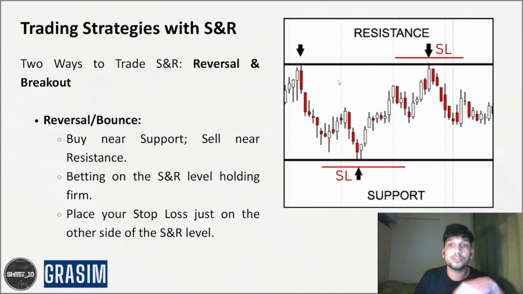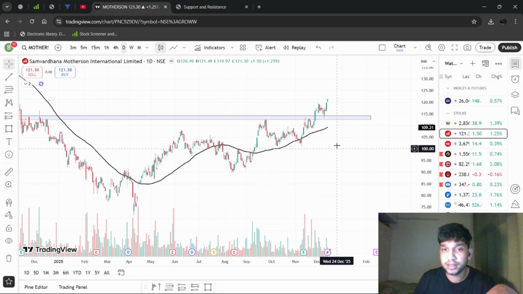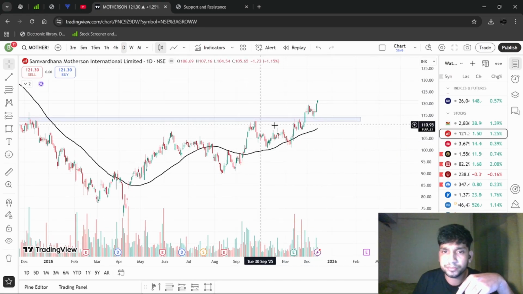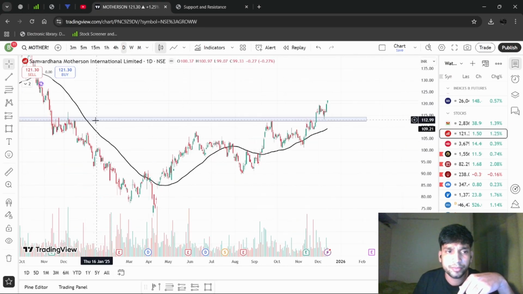So there are trading strategies based on how support and resistance work, where the buyers and sellers are. Once you can identify support and resistance levels, you can take trades on this. So let's again take this example of Motherson Sumi. Here, what you saw was this was a resistance level. It broke out and it took a support here.